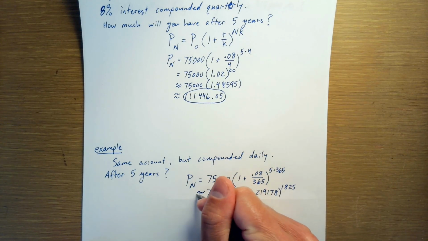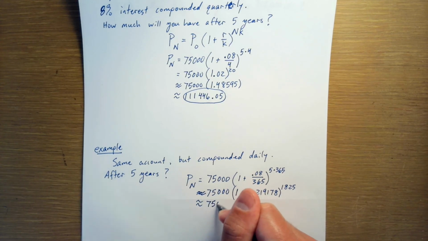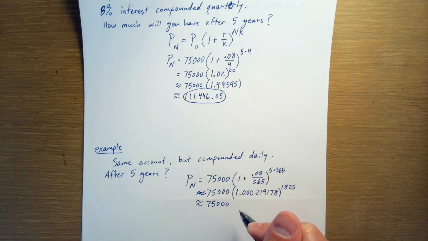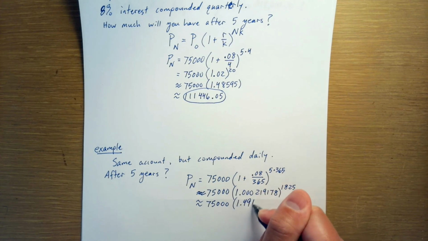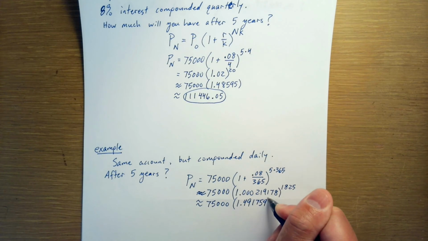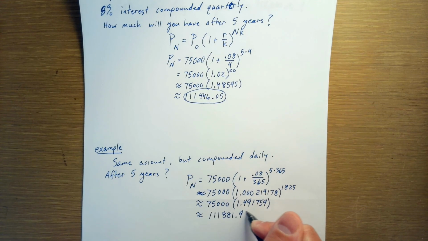So then I'll do the exponentiation, leave the 75,000 alone, and we get roughly 1.491759. And then finally multiply these together. So we get 111,881 and 95 cents.